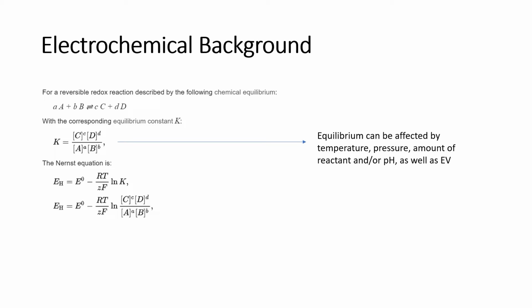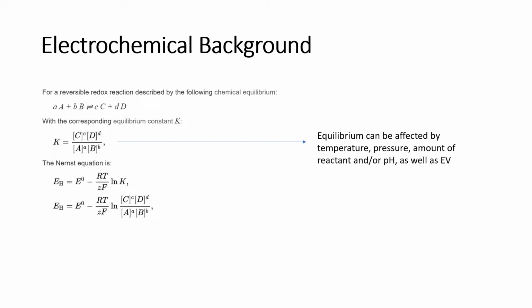You can see the more detailed explanation about this electrochemical background using this link that I show you in this page. But I just want to show you that the equilibrium can affect the amount of products that we have in the end of the process.